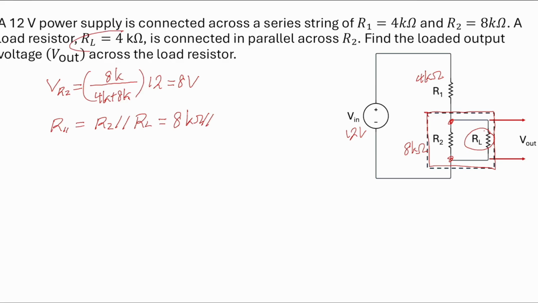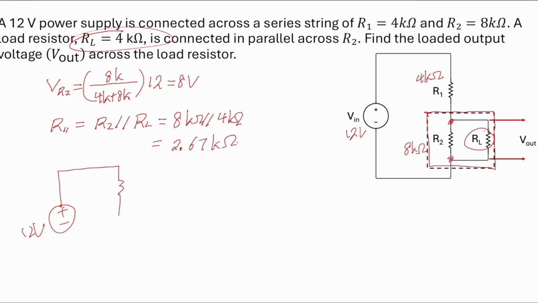If our load is 4k ohm, you will find this is 8k ohm parallel with 4k ohm, which is equal to 2.67 k ohm.